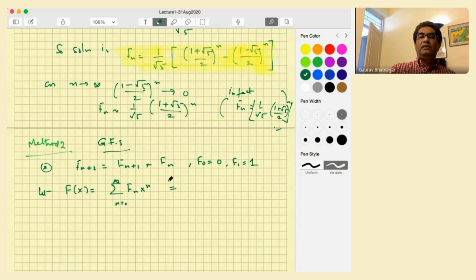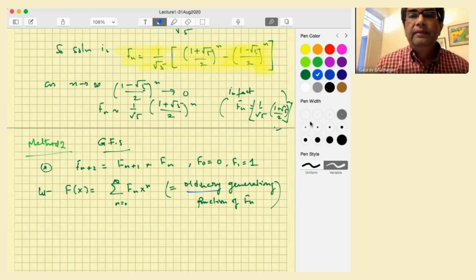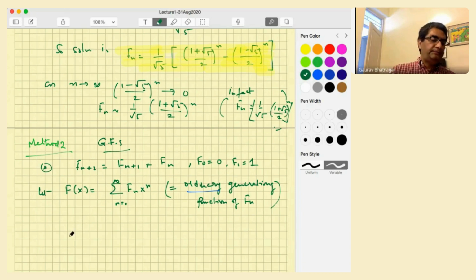And this is called the ordinary generating function of fn. So this term ordinary, we'll know what is not ordinary at some point.